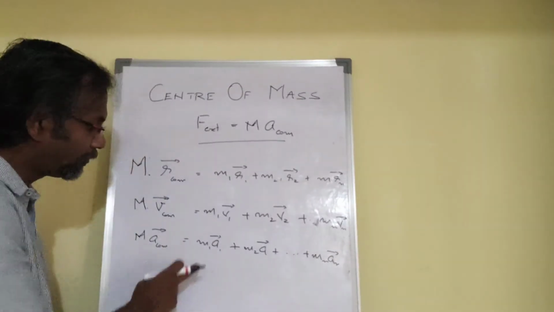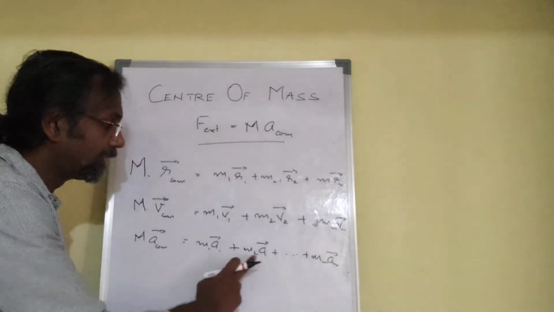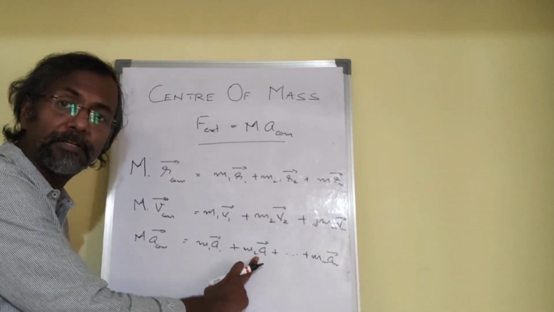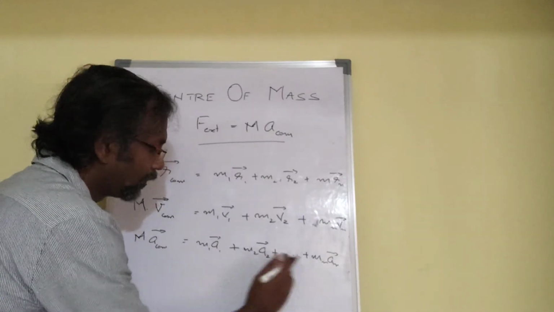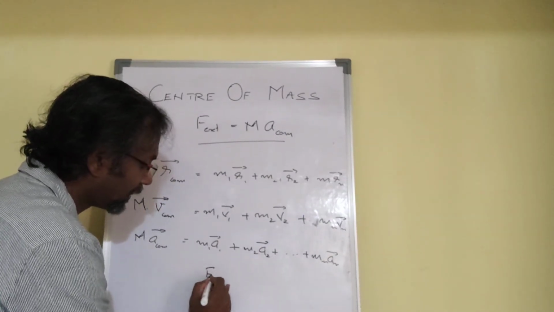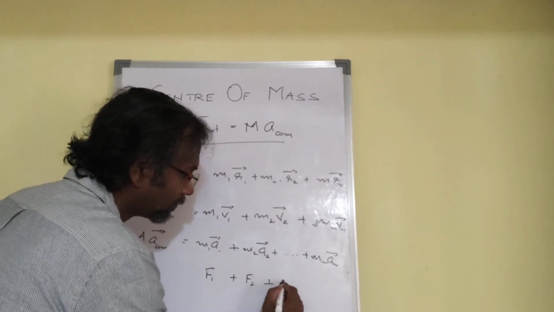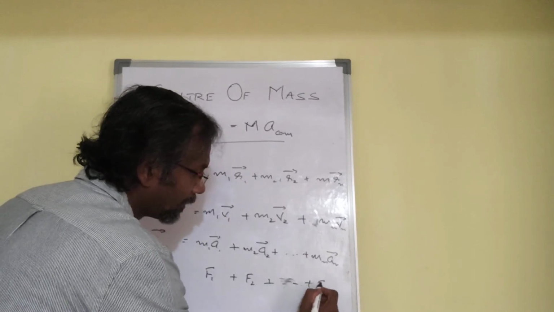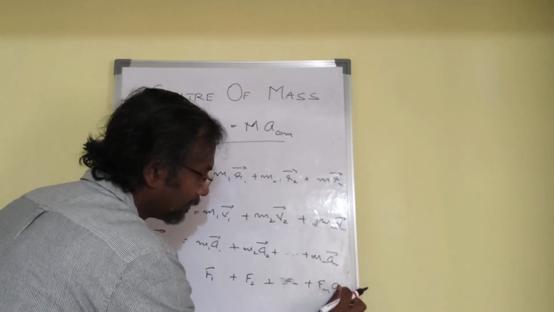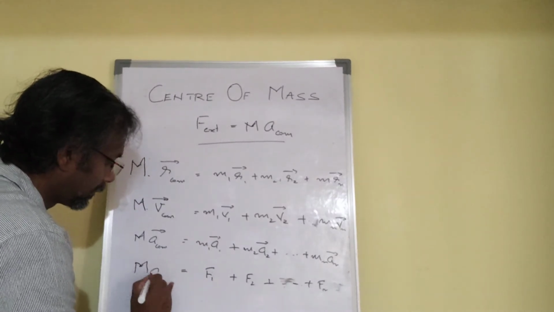Now m1 a1, we know, is the force on the particle m1, the force which creates the acceleration in m1. Similarly m2 a2 is the force that acts on the particle m2, and so on up to the force that acts on particle n.